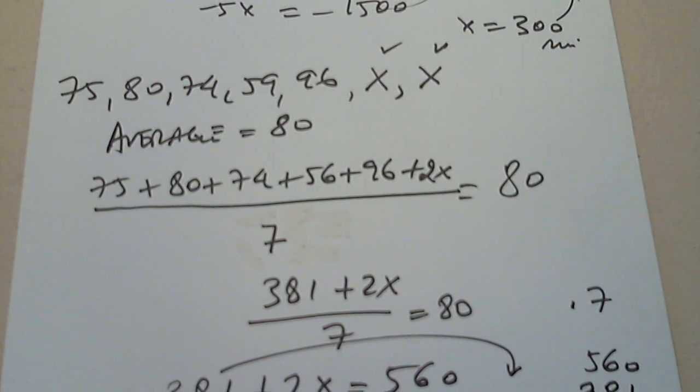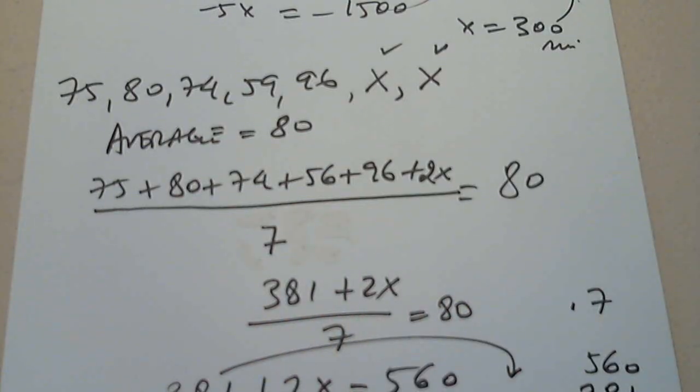Now, is this true? I don't know. I'm going to have to go back and check. Very easy, especially in a test situation. So we had 75 plus 80 plus 74 plus 56 plus 96 plus 2 times 89.5, which is 179.